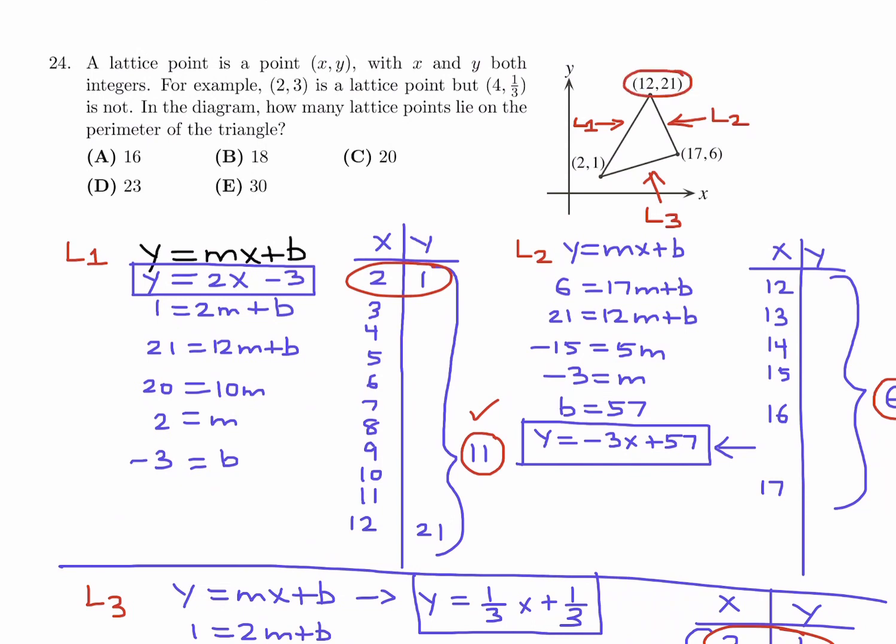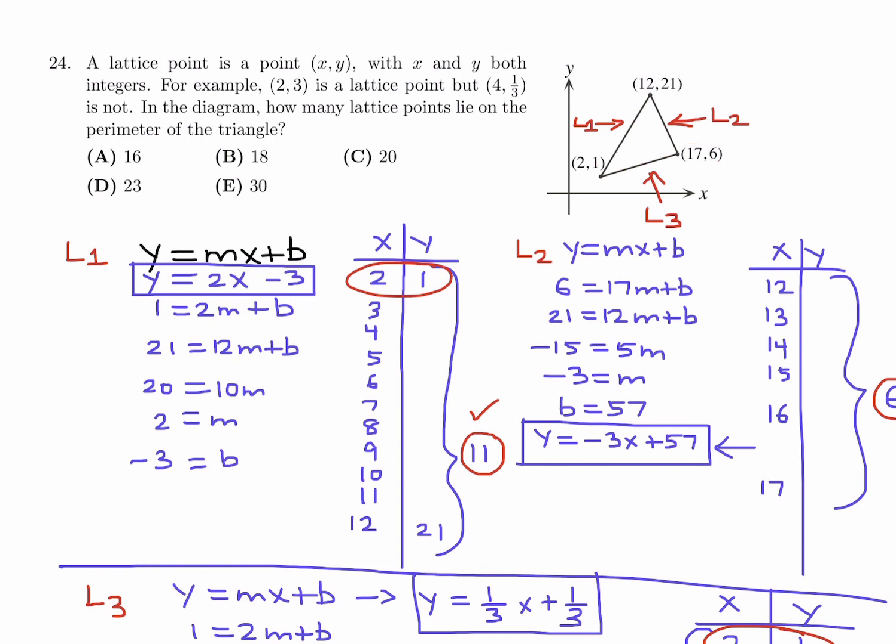That was counted twice, that was counted twice, and that was counted twice. Because, for example, this is going to be on this line, but it's also going to be on that line. See what I mean? That is going to be on this line and that line. And this point 17, 6 is going to be on L2 and L3. So those 3 points were counted twice.